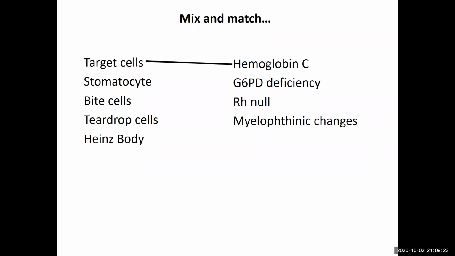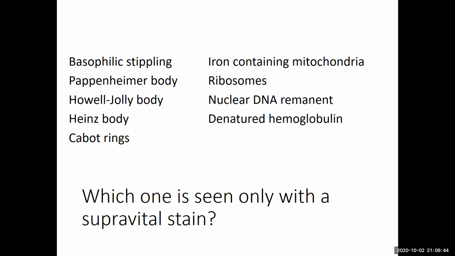RH null. Yes. And then bite cells? G6PD. Yes. Teardrop cells? Myelophthisic changes. Yes, extra points for pronouncing that. And then Heinz body. I think also G6PD. Yes, awesome.